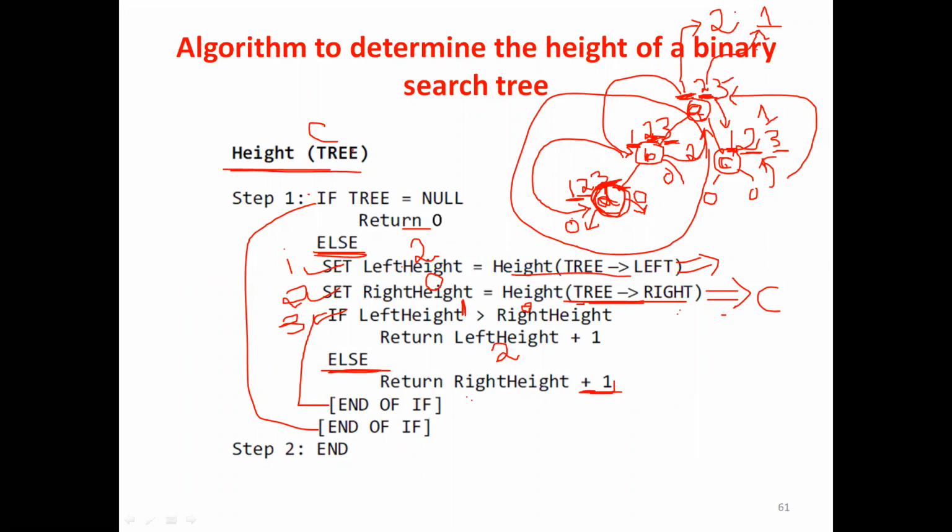After completion of step 1 of node A, the value is 2. After completion of step 2 of node A, the value is 1. The third step is comparing whether 2 is greater than 1. Yes. I'll add 1 to that. 2 plus 1 is 3. So this height function will return 3.